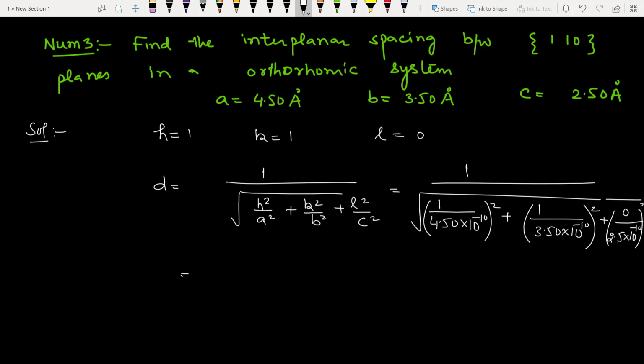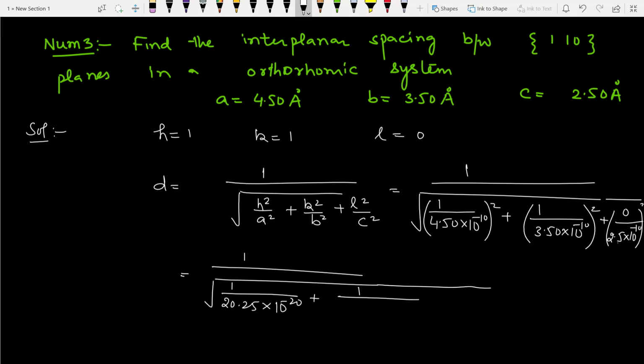So when we solve this, what we will get? 1 divided by 20.25 times 10 raised to power minus 20, plus 1 divided by 12.25 times 10 raised to power minus 20, the last term being 0.